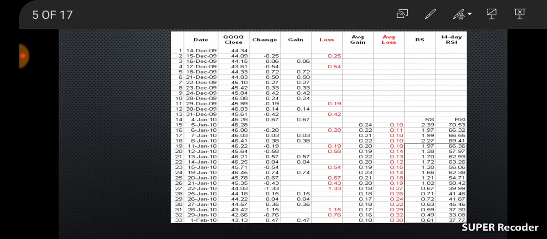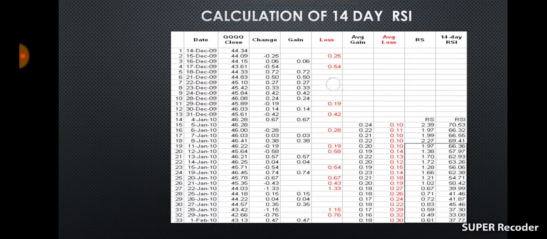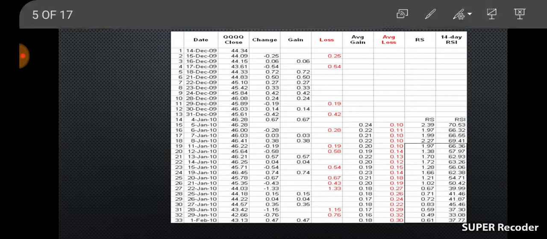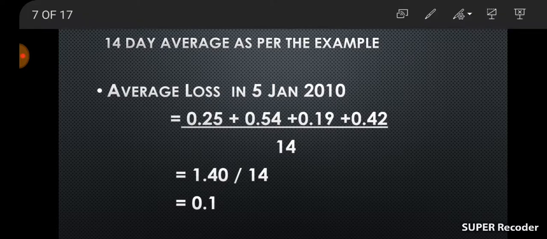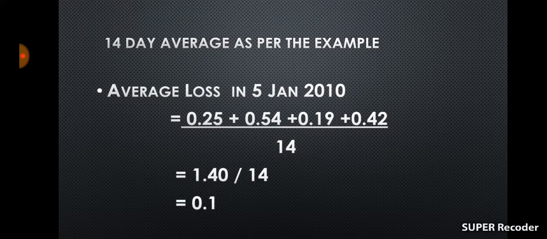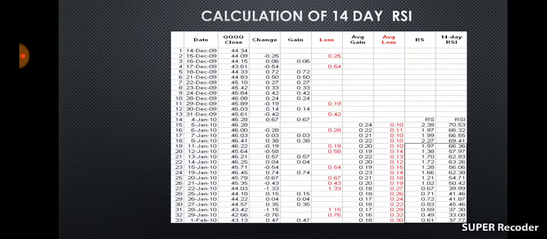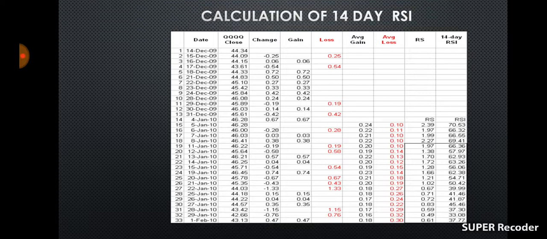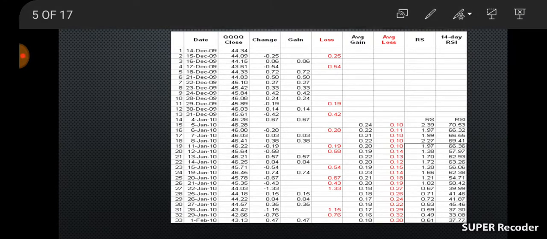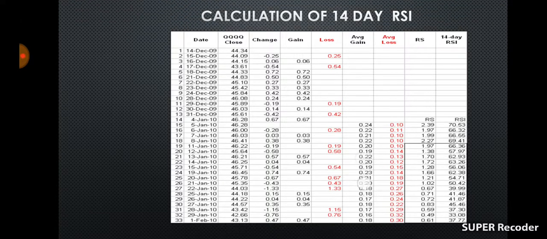Then for getting the average loss, we add the 14 days' losses together and divide by 14 to get the 14-day average loss. So on 5th January 2010, the average gain is 0.24 and the average loss is 0.10. Likewise we can calculate all these average gains and average losses.